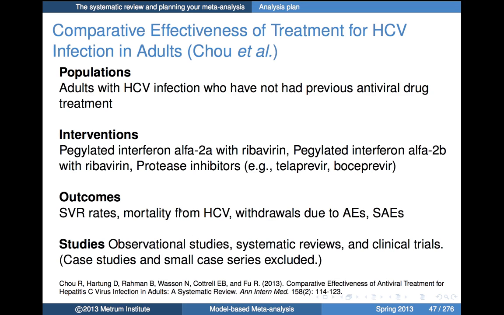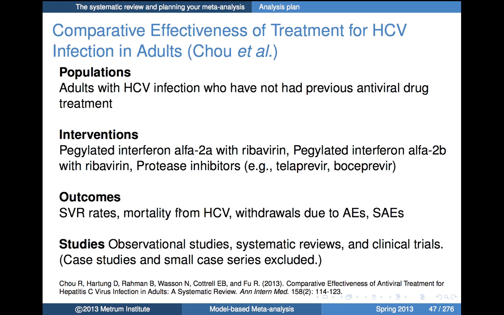The interventions of interest were pegylated interferon alpha-2A with ribavirin, pegylated interferon alpha-2B with ribavirin, and then, at the time, the 2 protease inhibitors that they're looking at were telaprevir and boceprevir. And for those studies, they were either used in combination with a background of interferon ribavirin or as monotherapy.